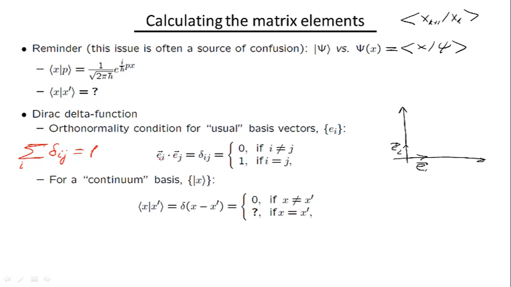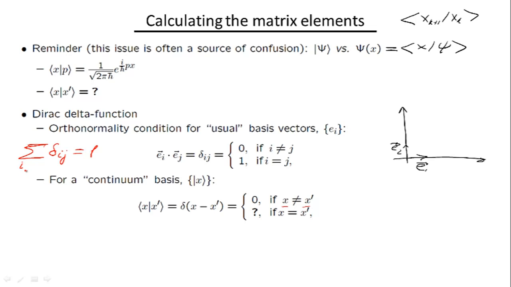But if we use the analogy between, let's say, e i and x, and e j and x prime, this product is much like a dot product of these two vectors. Using this analogy, we can demand that if x is not equal to x prime, this matrix element, and therefore this delta function, which is a continuum version of this delta symbol, is equal to 0. And if x is equal to x prime, it's something else.